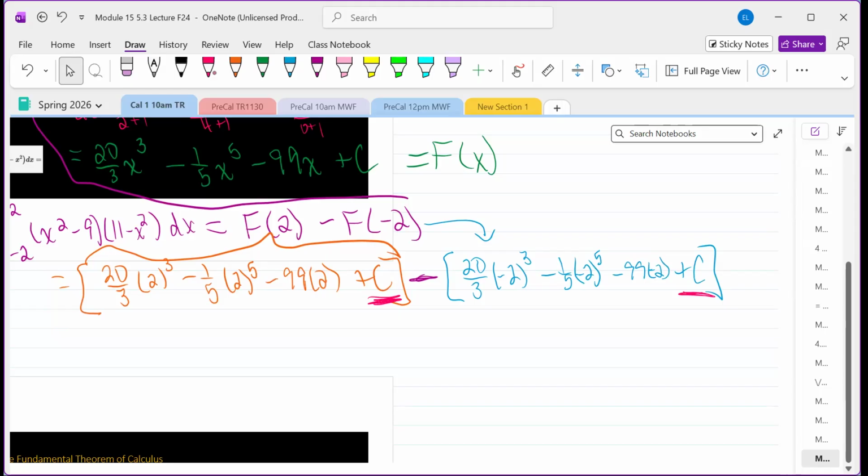Now, if this was a problem on WebWork, you can just literally type in that disgusting expression without the C's, and WebWork will take it.